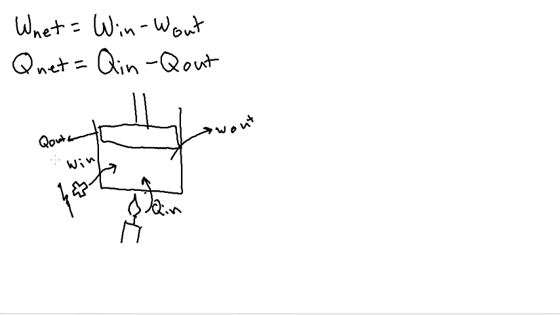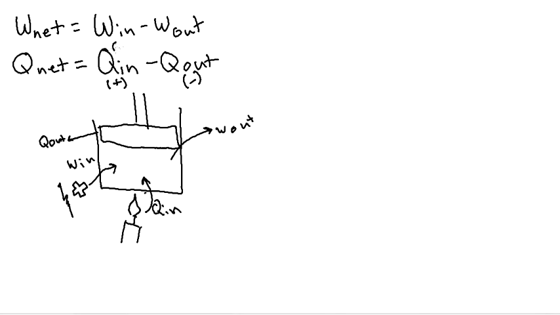Typically the Q out is negative. The Q in would presumably be positive. Honestly, I'm not sure I'm doing a great job of explaining this. I hope y'all understand it. Q out is typically negative, Q in is typically positive.